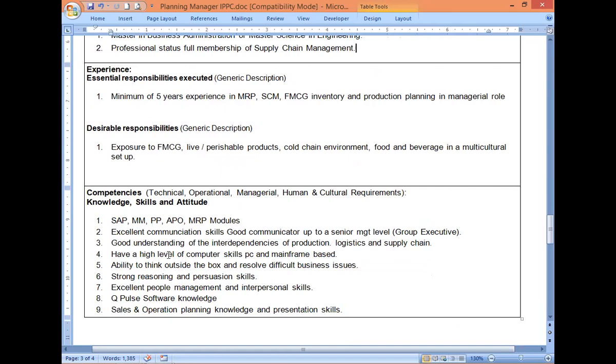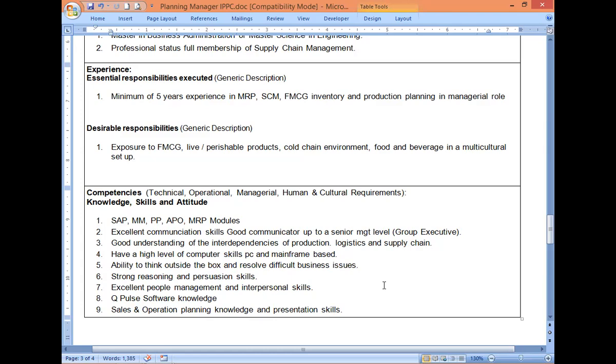And this is also equally important, the competencies: SAP, material management, production planning, advanced planning optimization, MRP, material requirements planning modules. Excellent communication skills, a good communicator up to a senior management level or group executive. Good understanding of the interdependencies of production, logistics, and supply chain.